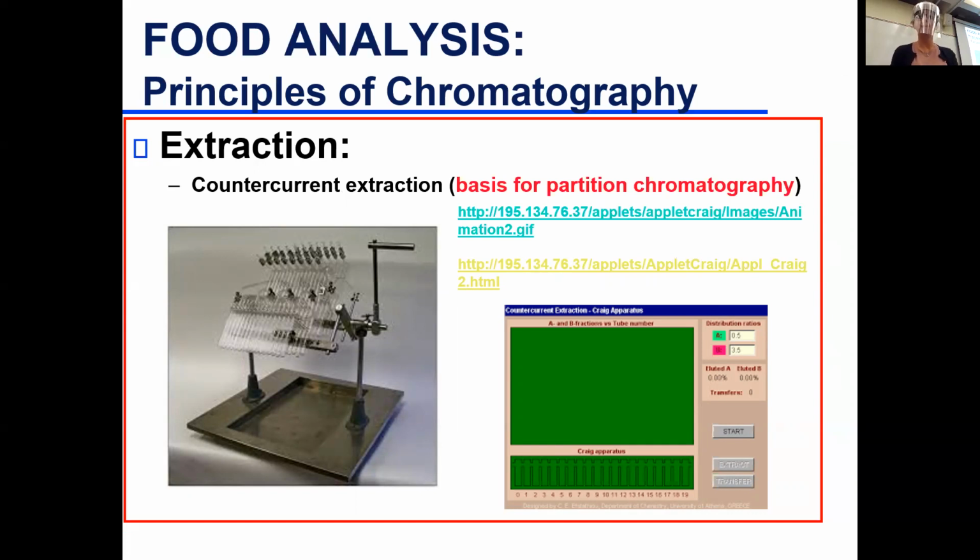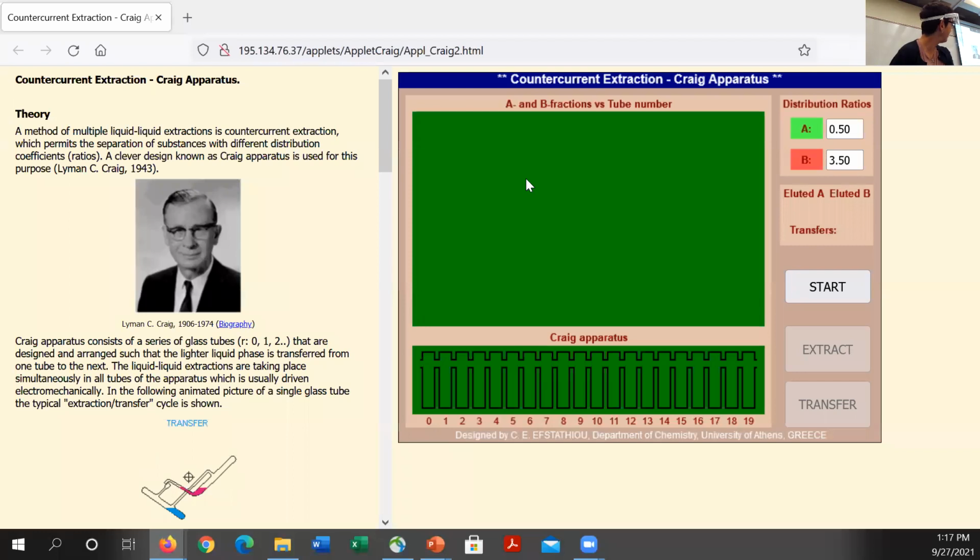All right, let me take that over there. See this guy? He's the one that discovered this. So this is each tube, and I have the tubes in series. This is a demonstration of what happens.